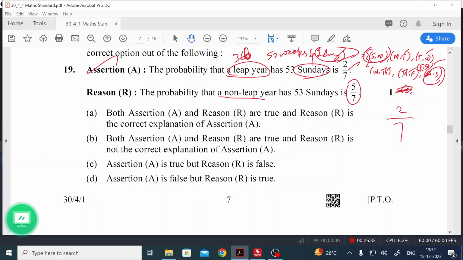Non-leap year in the sense 53 Sundays, if they are asking, 52 we will be getting in the weeks. Another one Sunday you will be getting, 1 by 7. Because non-leap year means 365 days, 52 weeks are there, 1 day remaining. In that 1 day, Sunday will come only one time. 1 by 7 is correct. They have given 5 by 7. That is wrong, no? So the assertion is wrong. Where will you go? Option C. Do you understand, Raja? Right.